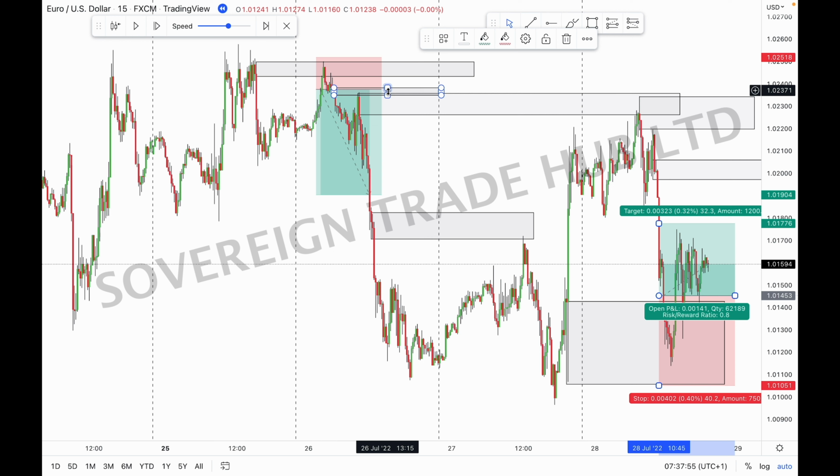If you are in a mitigated zone, you place your stop loss behind it and you target the next unmitigated zone by price action. We'll get to that. And if you are in an unmitigated zone, wait for price action to do what we call a change of character. We'll still get into that. When a change of character has been done, you target a fresh zone for the sake of profit taking.